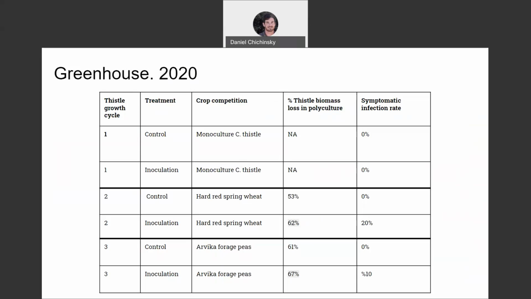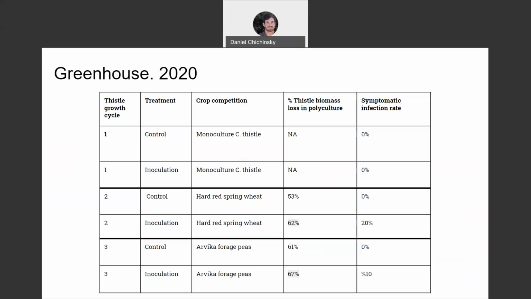Then for growth cycle 3, we planted our Vika forage peas as our competitive crop. We had 61% thistle biomass loss in polyculture in the control treatment, and again 0% symptomatic infection. Our inoculation group had 67% thistle biomass loss when grown in polyculture and 10% symptomatic infection.